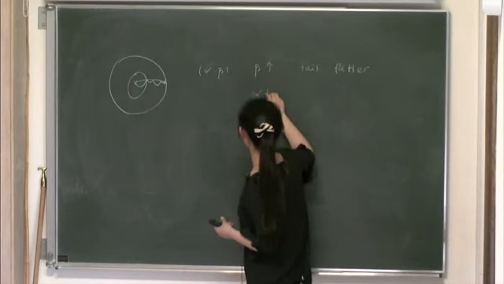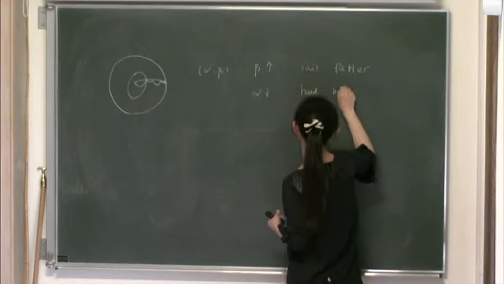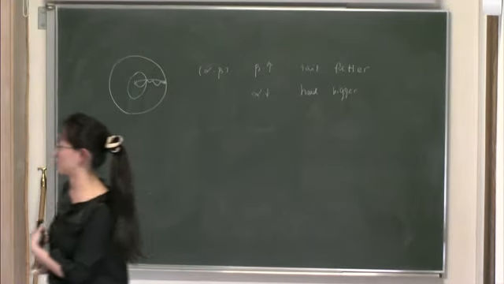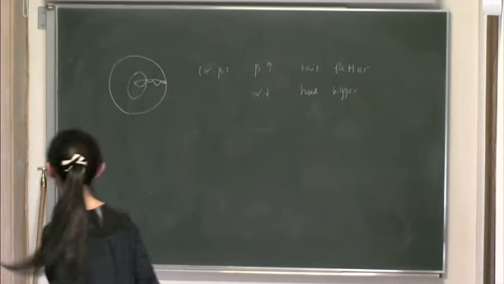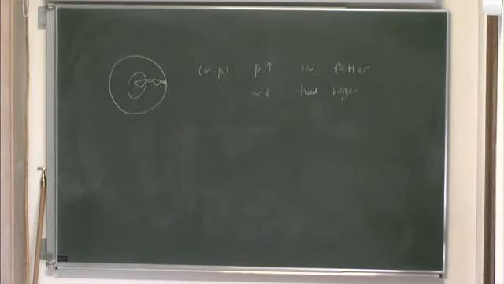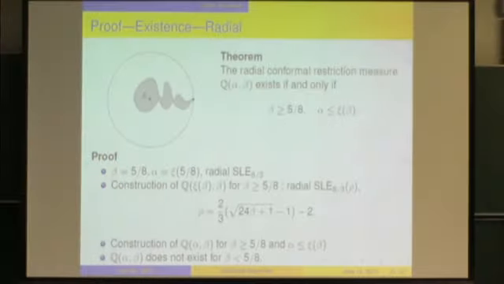And if alpha gets smaller, the head will be bigger. These are just some direct observations from the shape of the random set and the two exponents. So this is all about the conformal restriction property for the chordal case and the radial case.